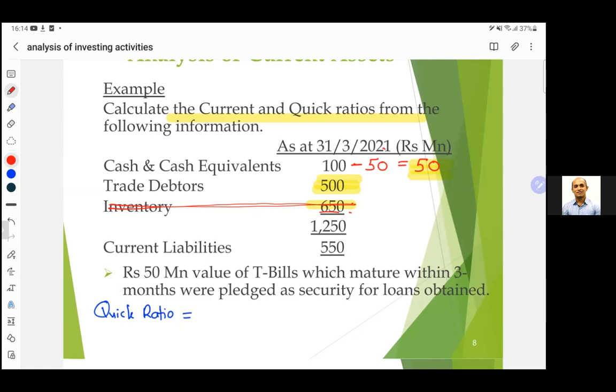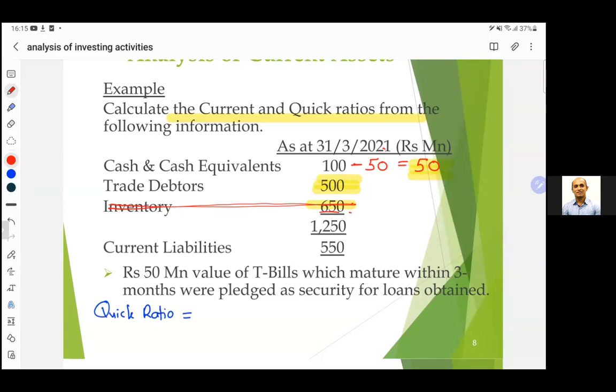But items that are not that essential, for example, various high price creams, are not moving very fast. Now you see, in a supermarket, realization is slower for some products, and some products are quickly realizable. So practically, you don't eliminate the entire inventory when you calculate the quick ratio.